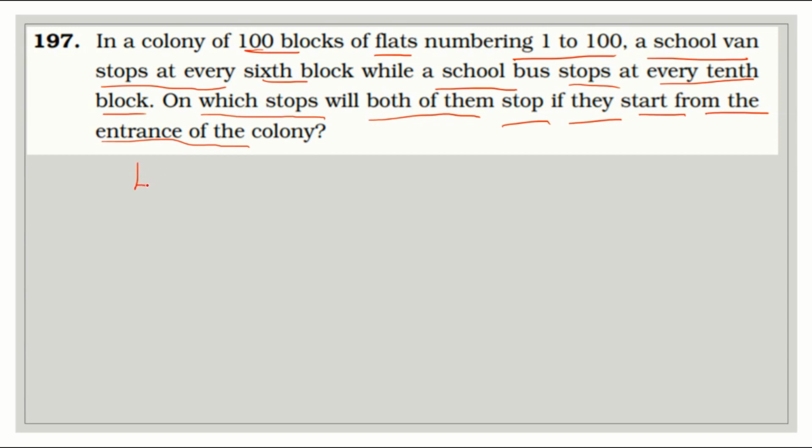First, for this it is simple. We have the school van stopping at 6, 12, 18, 24, 30, 36, 42 and so on, whereas the bus stops at 10, 20, 30, 40, 50, 60 and so on.